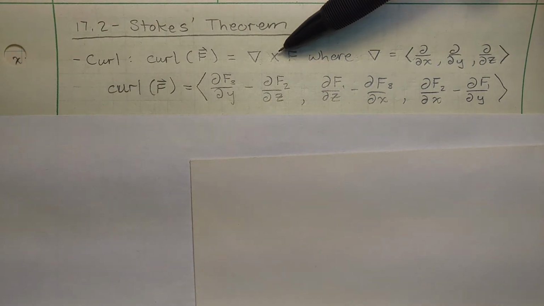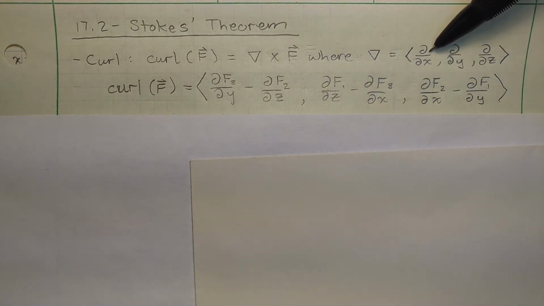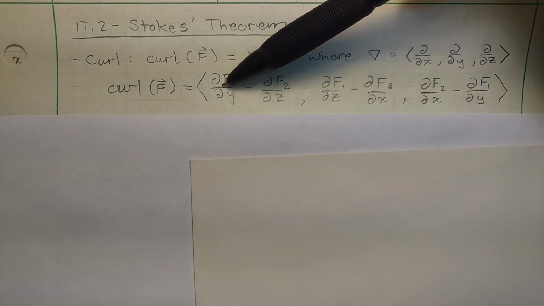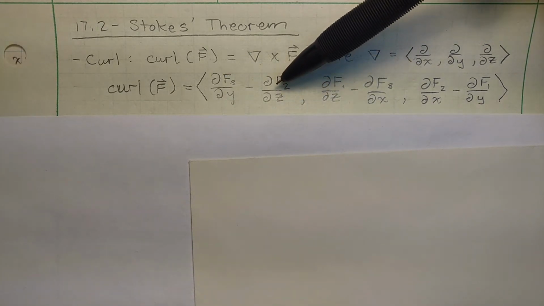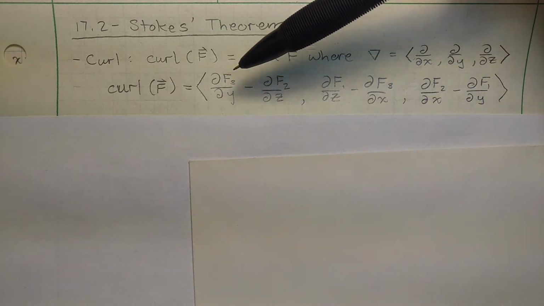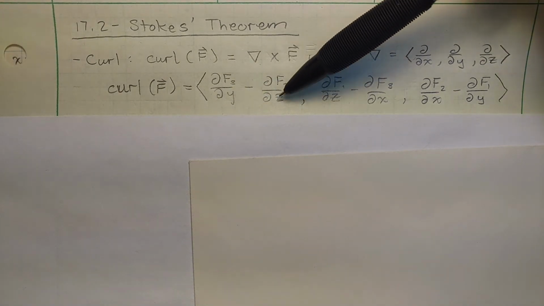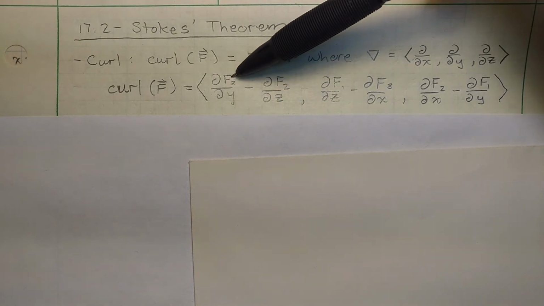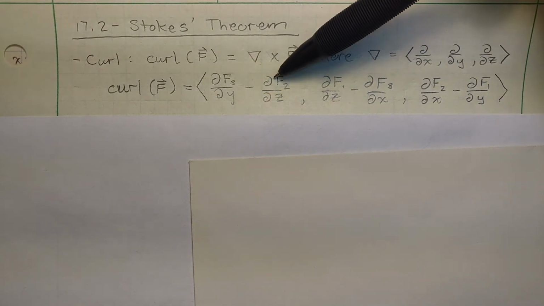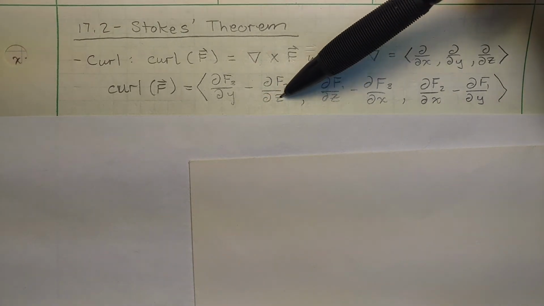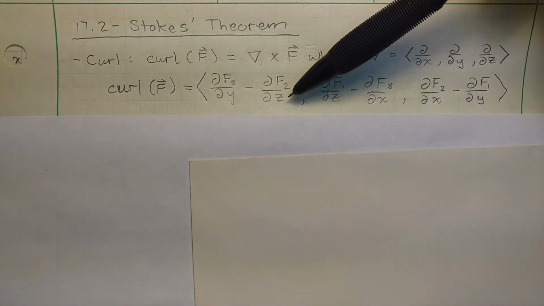For the x term, you notice there are no derivatives with respect to x, and the y comes before the z. So we take the derivative of the z term with respect to y minus the derivative of the y term with respect to z. That's our x term.